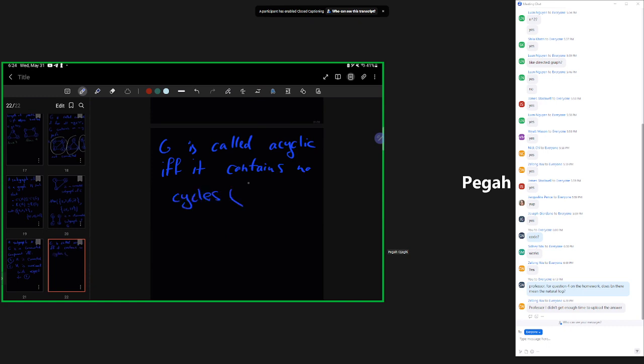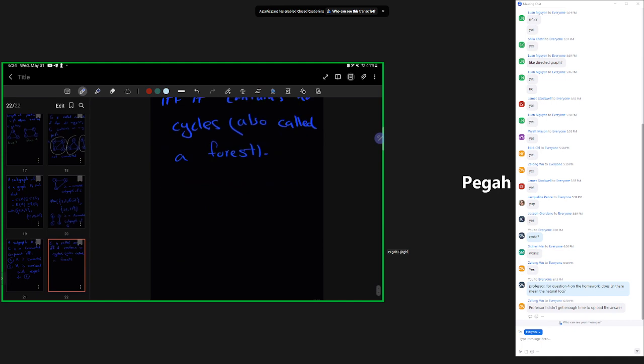If there is no cycle, we also call it a forest. So let's see, for example, I do have this graph, or this one.